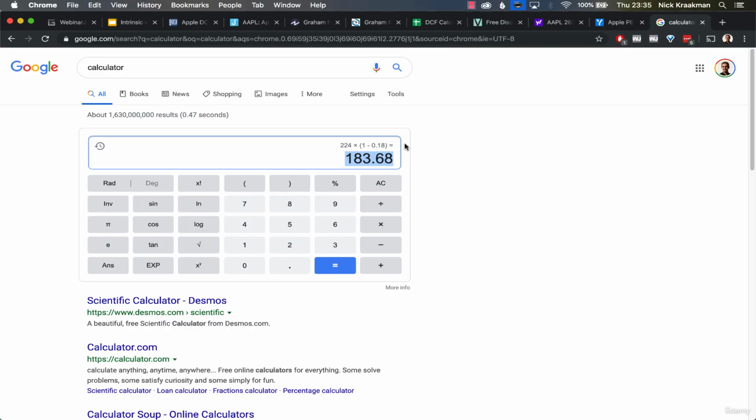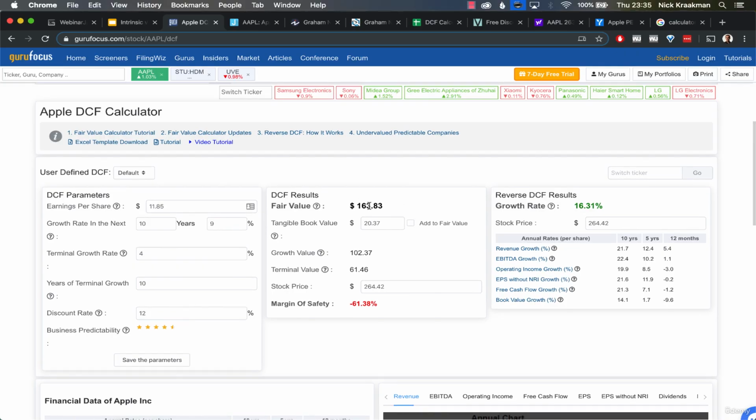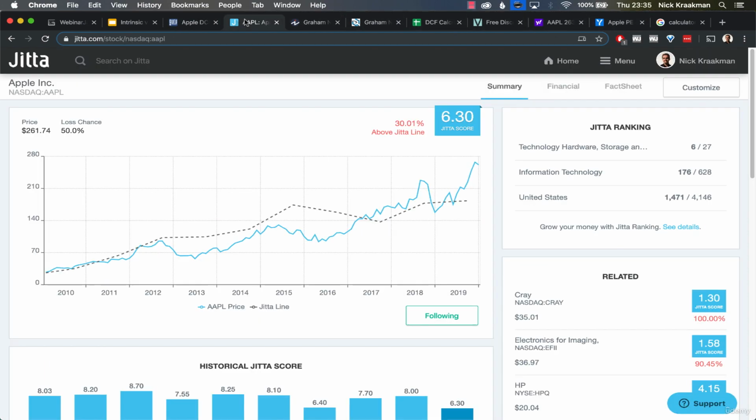So remember, we just saw that the discounted cash flow model of Guru Focus gave about $163, and the Jetta line gives us approximately $183. So that is not identical, and that is of course one of the challenges that I mentioned.